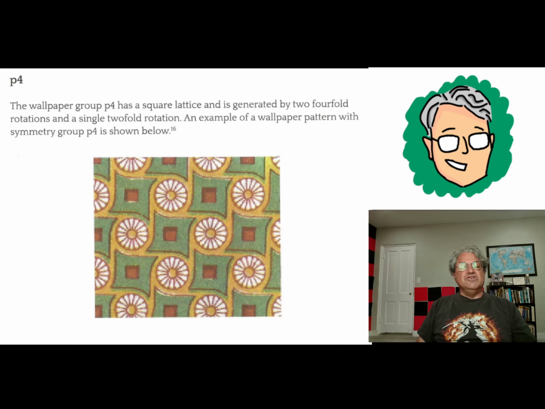For instance, if you looked at the vertex where two squares and two daisies meet, you'd have to rotate 180 degrees about that point for it to look the same. So that's a twofold rotation axis. So anyway, that's P4. 4 stands for fourfold symmetry. I guess it's the simplest lattice pattern with fourfold symmetry.